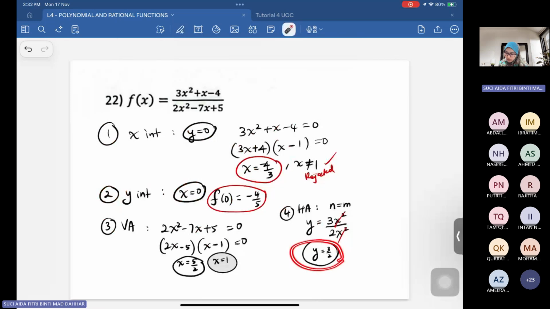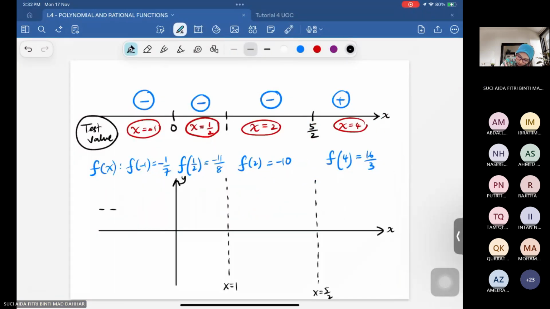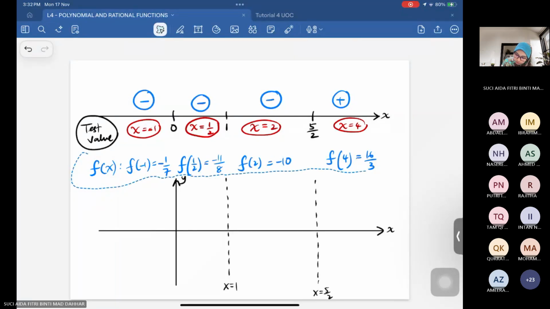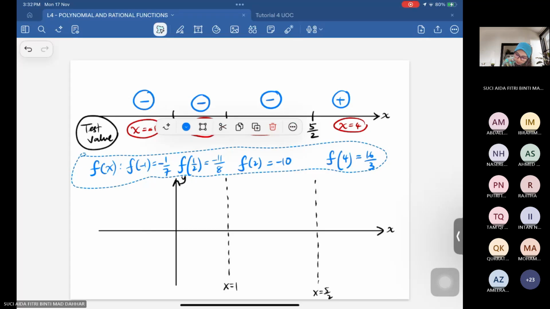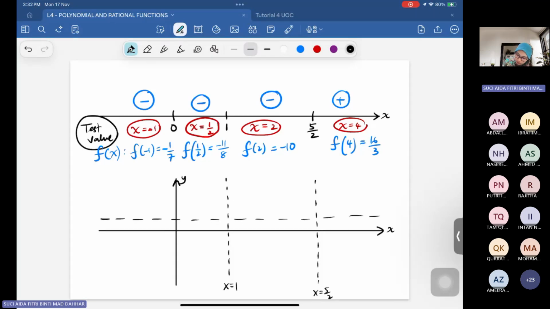It is at 3 over 2 up here. Okay, let's say this is my y equals to 3 over 2.